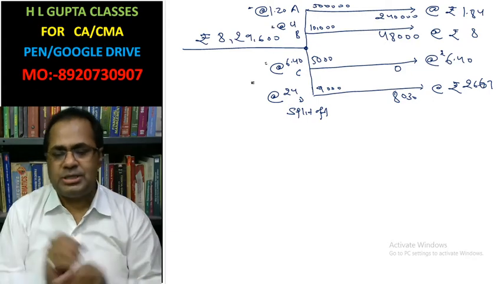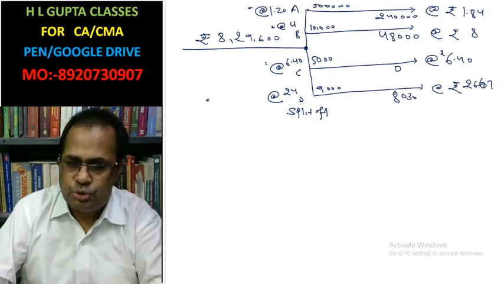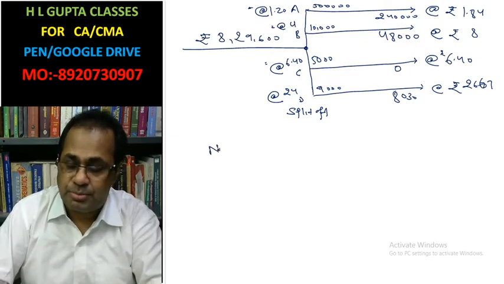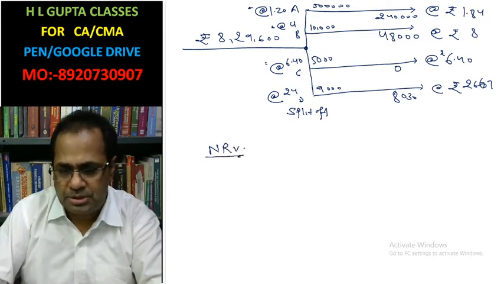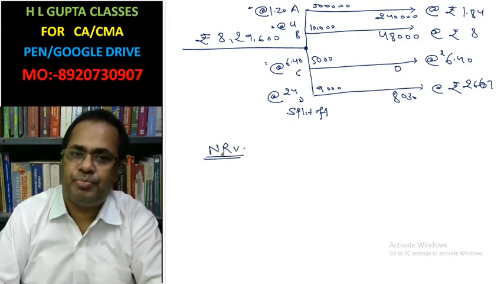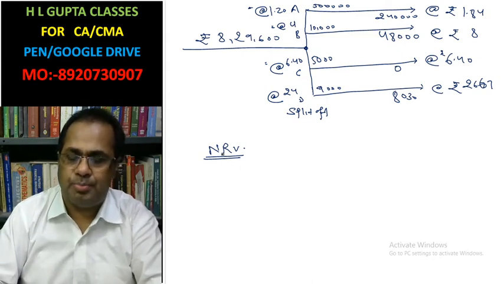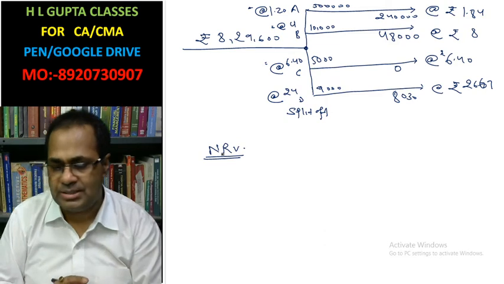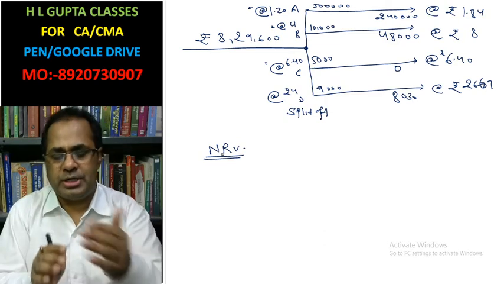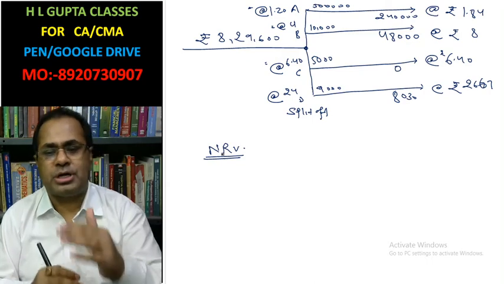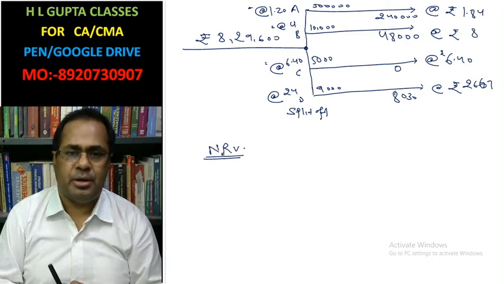Now the question is asking: if this joint cost is distributed among A, B and C on the basis of net realizable value, then what will be the profit of the organization if the product is sold after further processing, and if the product is sold at the split-off point?